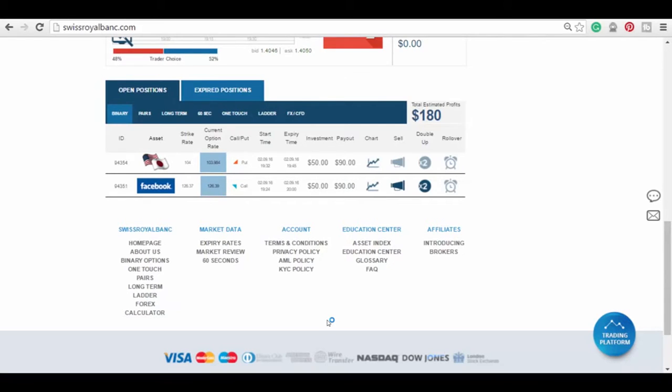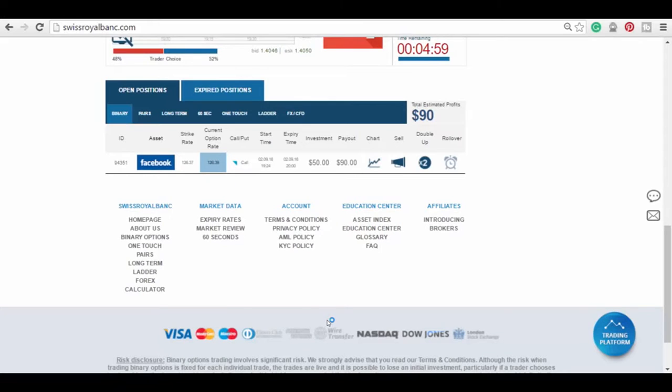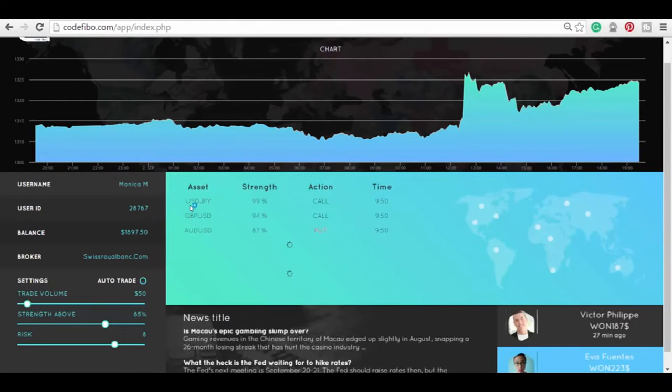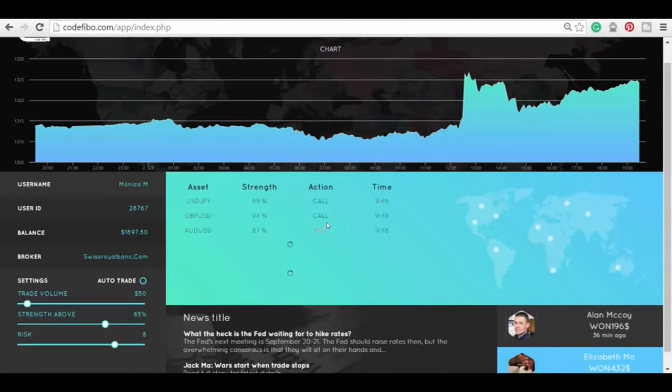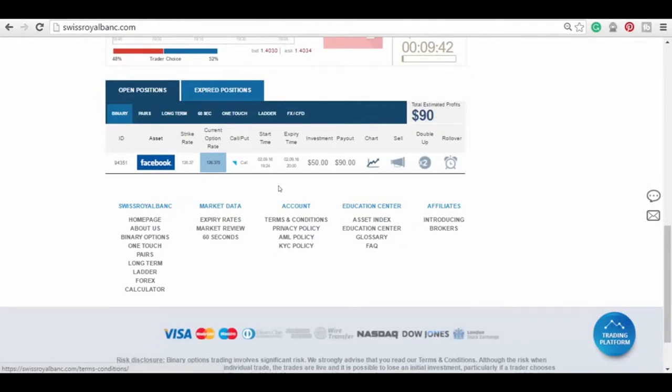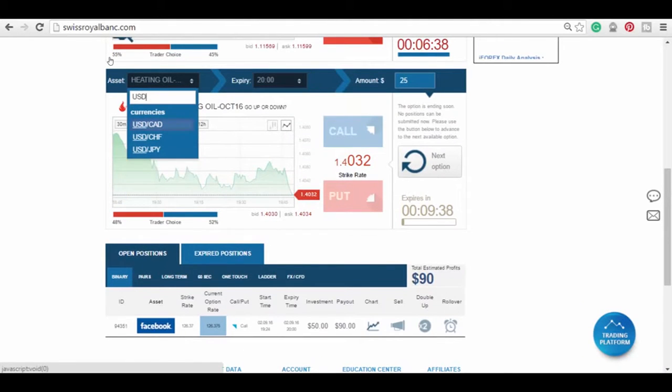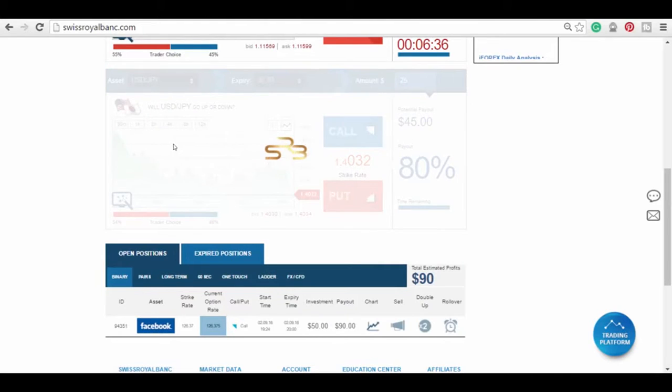Okay, that was in the money. That was a profit. Okay, let's go back to CODEFIBO and let's look for some more signals. Okay, next is USD JPY. Let's take a look at the chart. USD JPY.